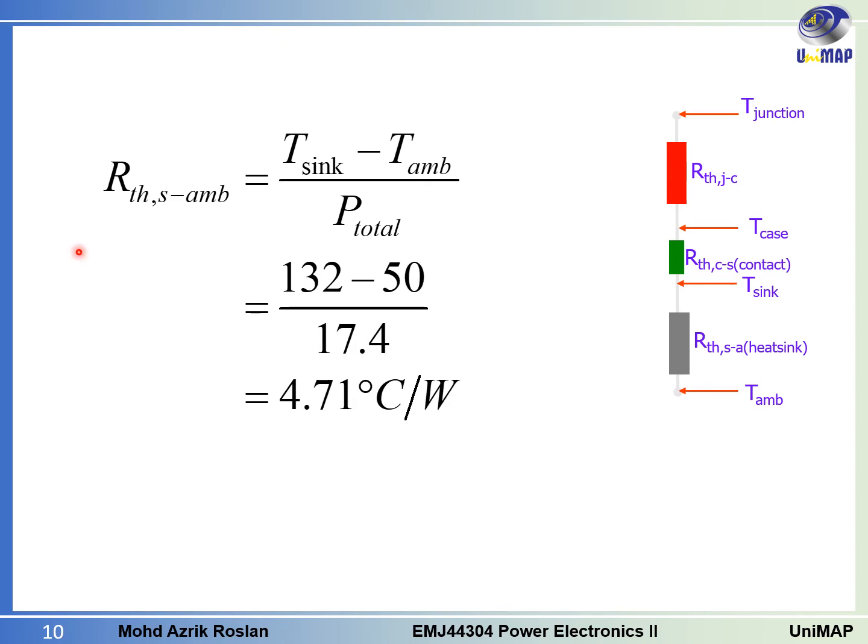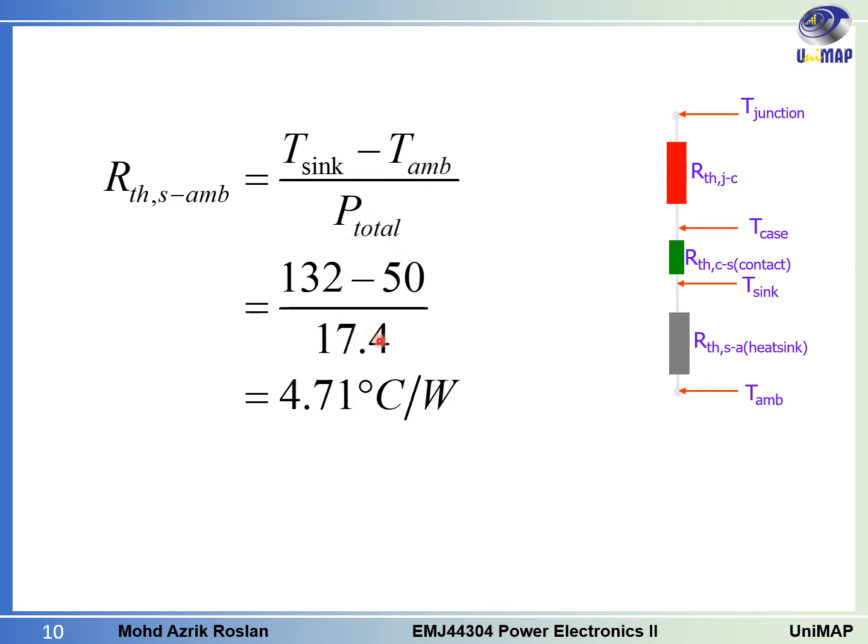Okay, and then finally you want to find the Rth sink to ambient. This is the value of the thermal resistance of the heat sink that we should design. So we have to consider the heat sink temperature minus the ambient temperature, divided by the total power dissipated from all the devices that we put on the heat sink.